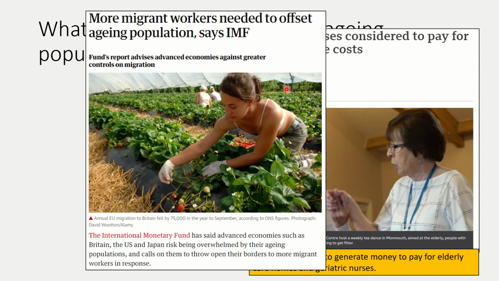And they are an essential part of our service economy. You can see here that the IMF has said that advanced economies such as Britain and Japan risk being overwhelmed by their aging populations, and we need to get more youthful workers into our economy to do work like, as you can see in the picture, fruit picking, which elderly people can't do.